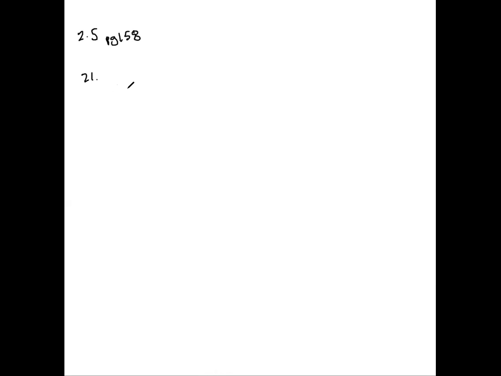So the problem is to find the derivative of the function, and we're given this function g of u is equal to u cubed minus 1 over u cubed plus 1 all to the 8. So this chapter kind of deals with the chain rule, in that we are going to need to use the chain rule to solve this.